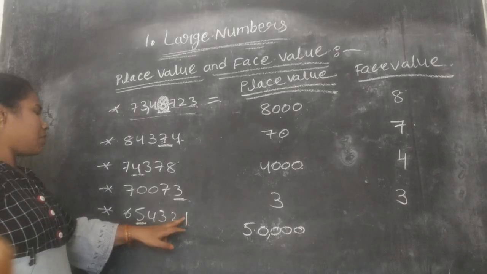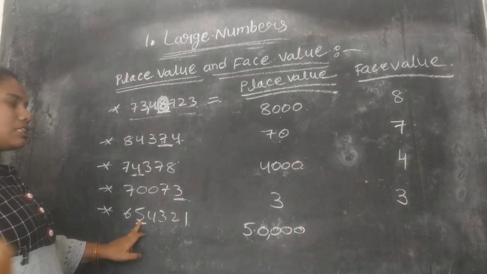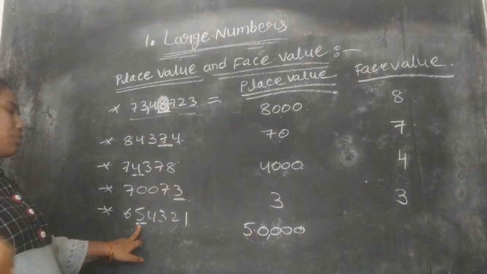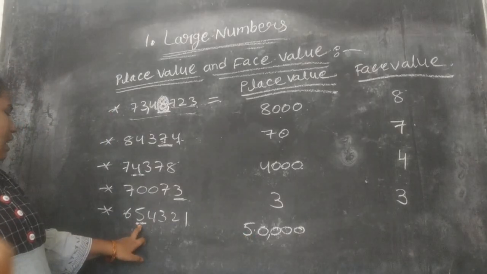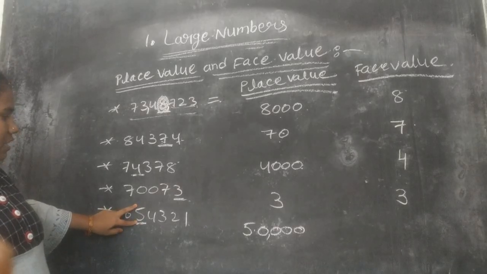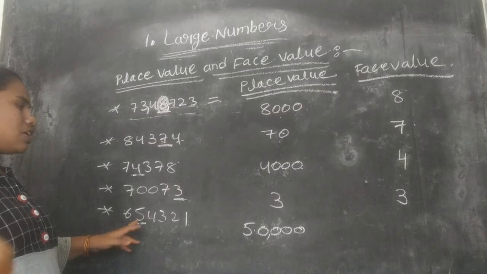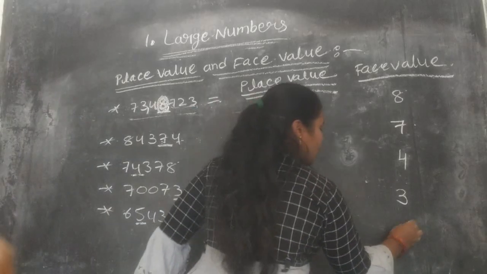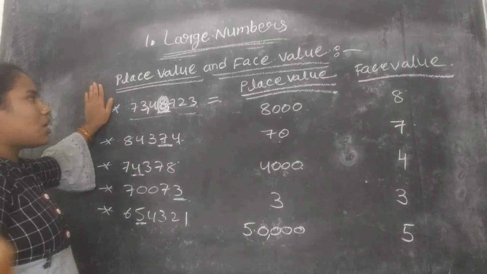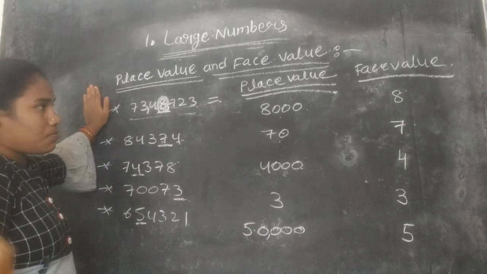Got it? So which is underlined? 5 is underlined. What number are we seeing? 5. So this is the face value. Okay. So this is the way we have to find the place value and the face value.